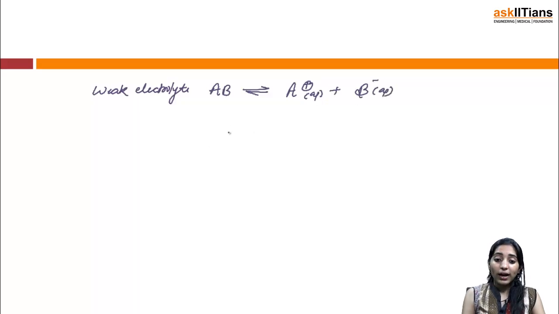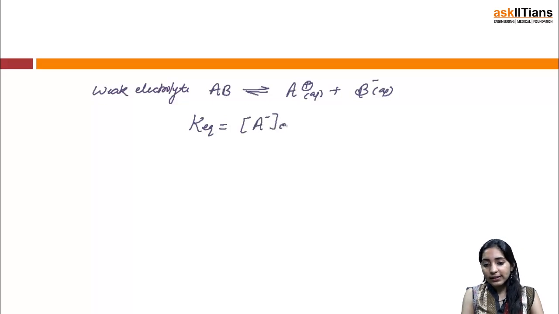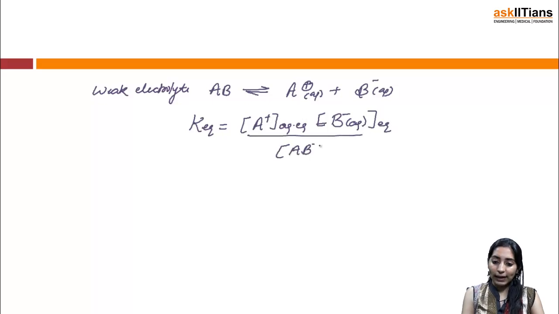So if we are asked to write the equilibrium constant for this reaction, I can say K equilibrium will be the concentration of A positive aqueous at equilibrium multiplied by the concentration of B minus aqueous at equilibrium divided by the concentration of AB.